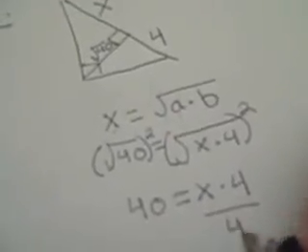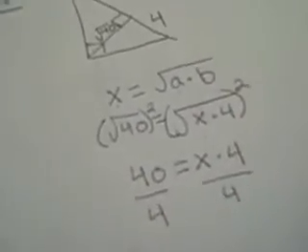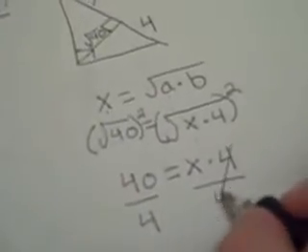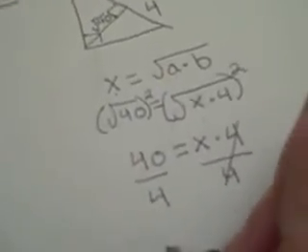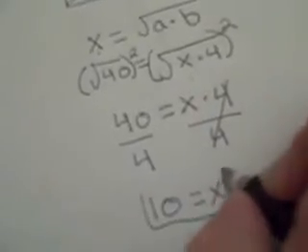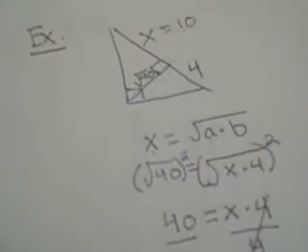Now our final step is to divide by 4 on both sides. And we have the 4's cancel out on the right side, and we're left with 10 is equal to x. So up in our original picture, this would be equal to 10.